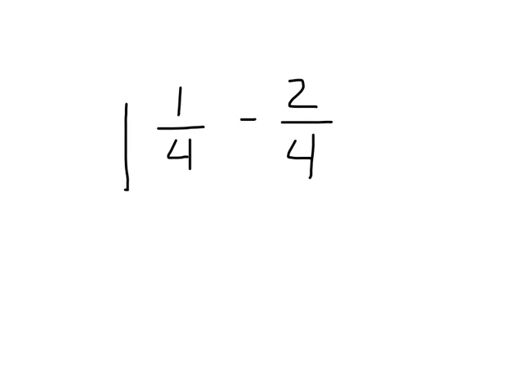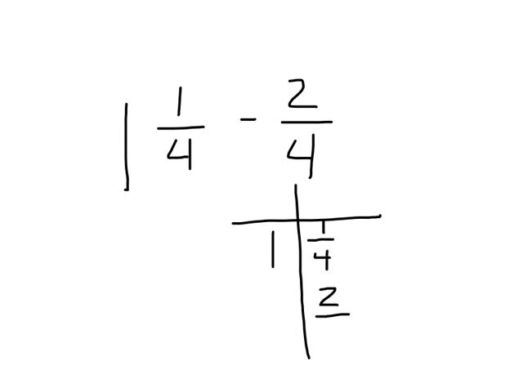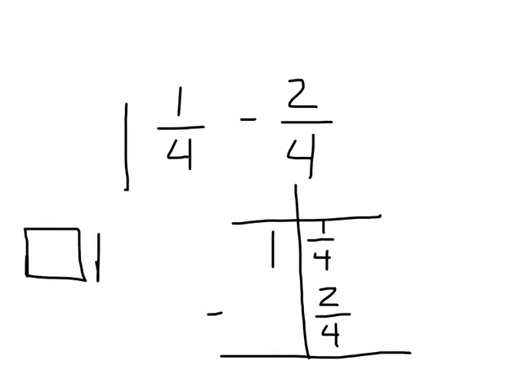Let's look at another example. 1 1/4 minus 2/4. Again, I'm going to set up my t-chart. 1 1/4 minus 2/4. I can't subtract 1/4 minus 2/4. So I need to borrow.